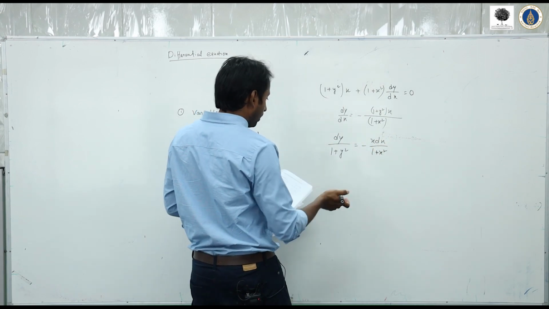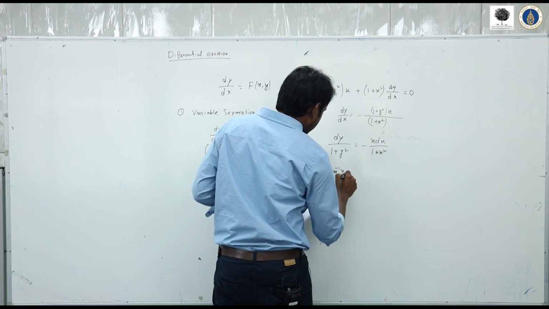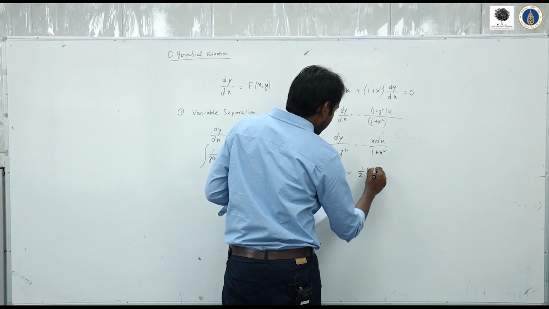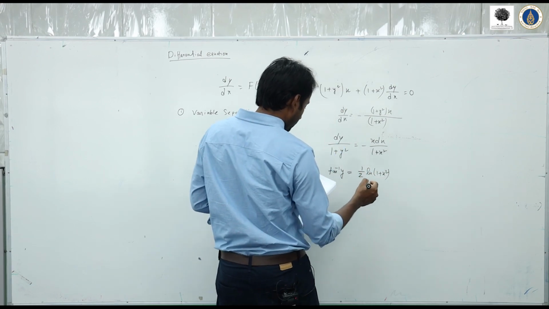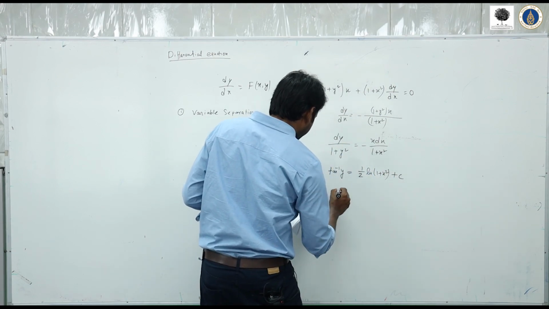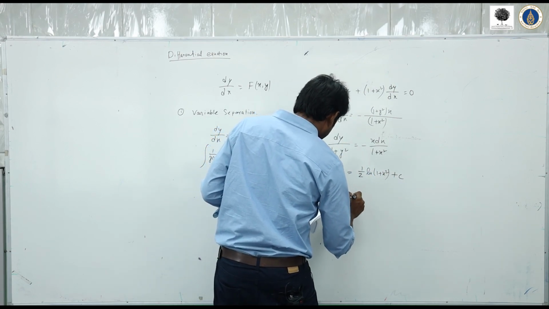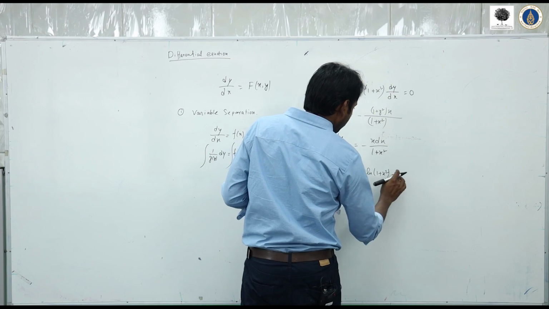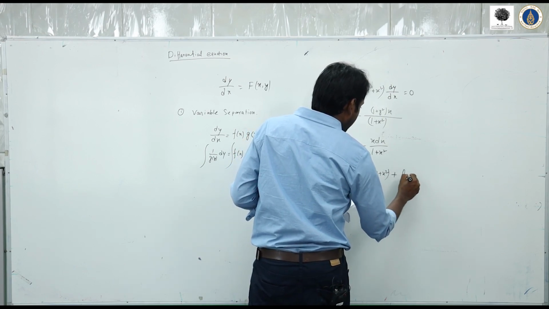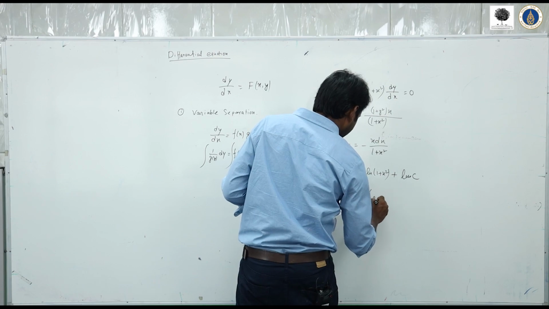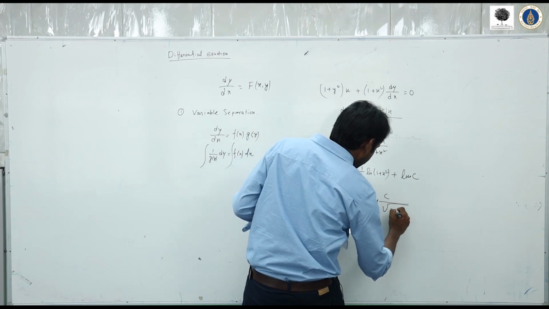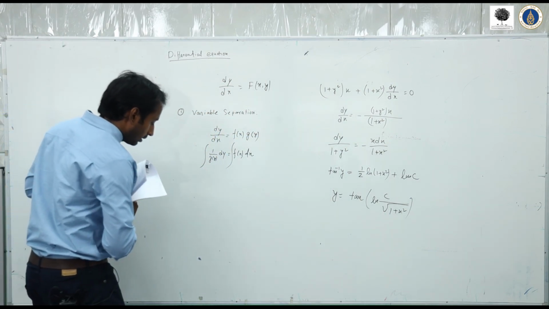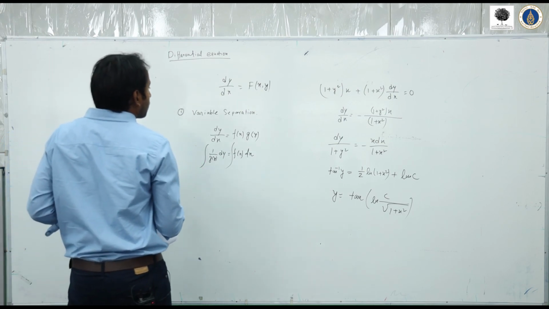Using the same method and integrating, this is tan inverse y equal to minus half ln 1 plus x square plus c, and then you can see y is tan of... So you can write this as ln c, a constant, ln c by square root of 1 plus x square. So this is one example, and this method is called the variable separation method.